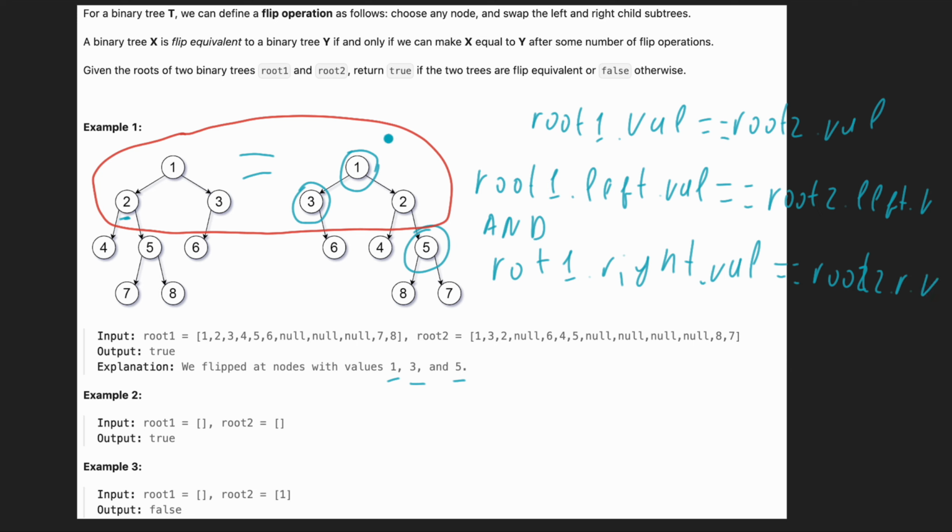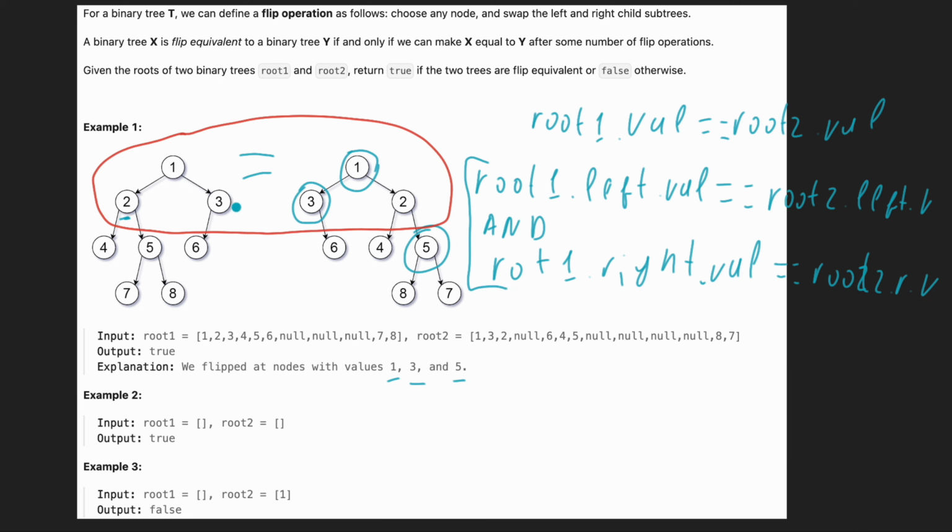So the value on the left should be equal to the value on the left, and the value on the right child should be equal to the value on the right child. That's the one case. And what's the other case?